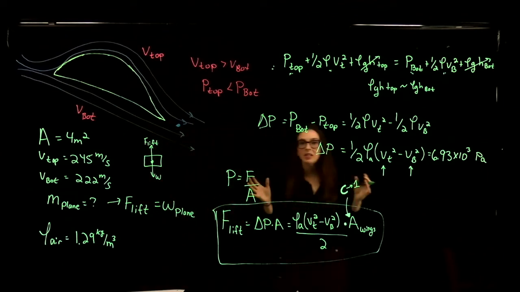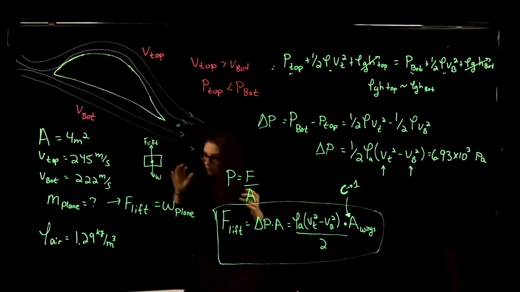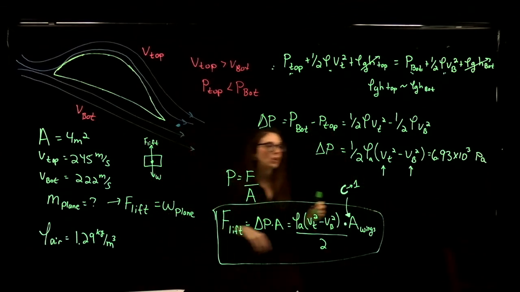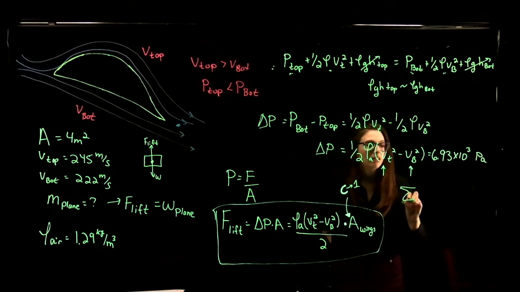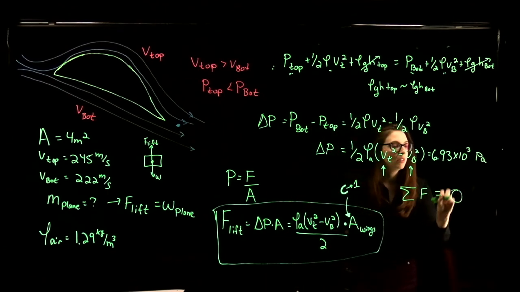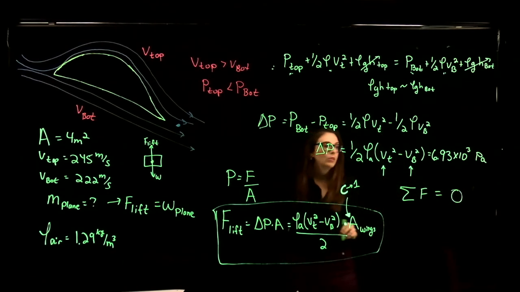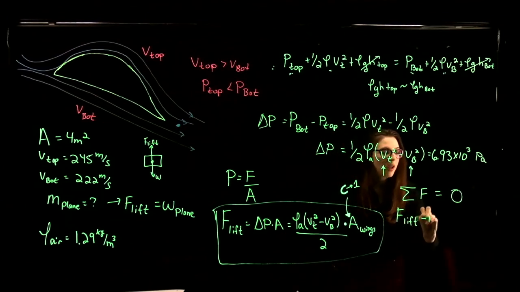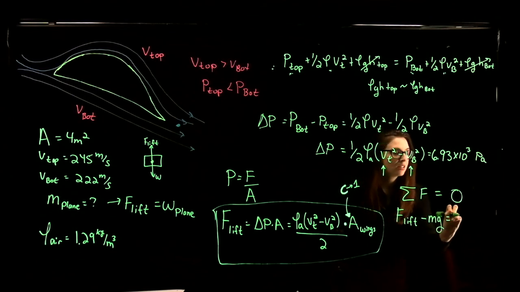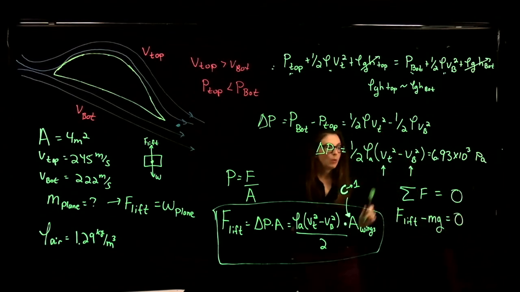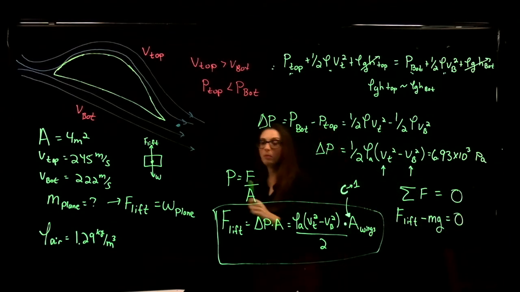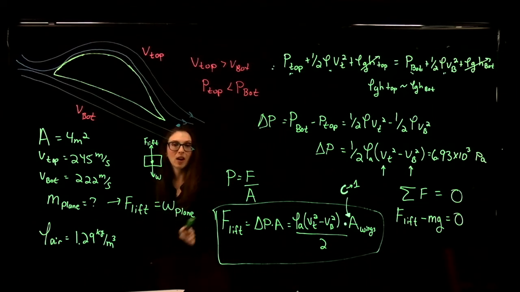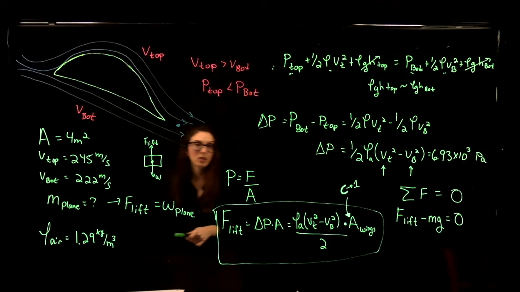Okay, so if we're in static equilibrium in that point where both of these exactly equal each other, then we would say that the sum of the forces has to equal 0 since they exactly equal each other. So the force of the lift upward on the plane minus the weight of the plane, mg, has to equal 0. We want to solve this equation for the mass of the plane to satisfy this condition that the lift on the plane exactly equals its weight.